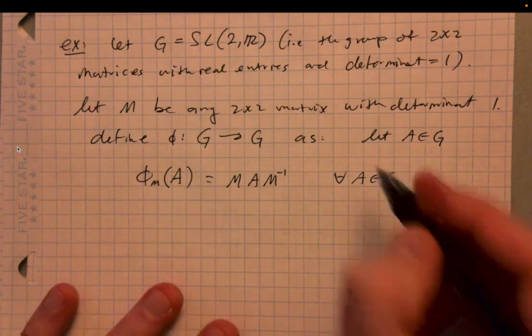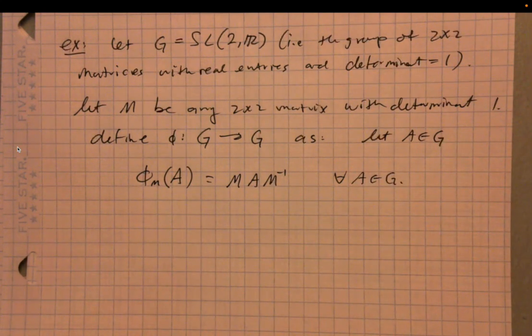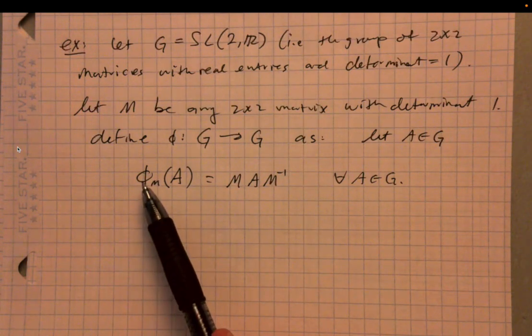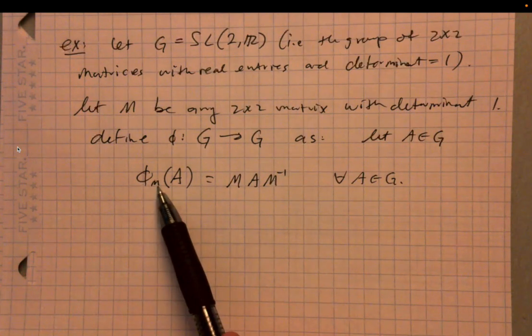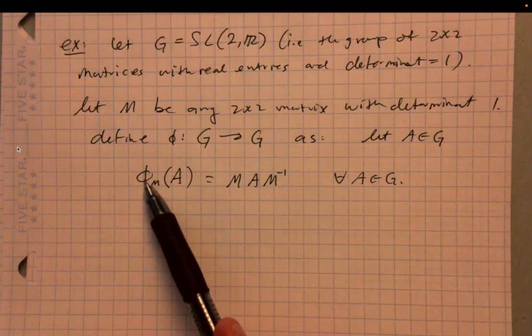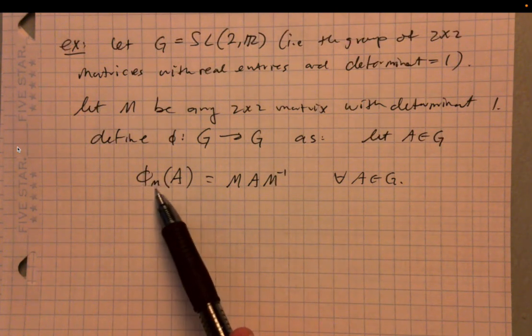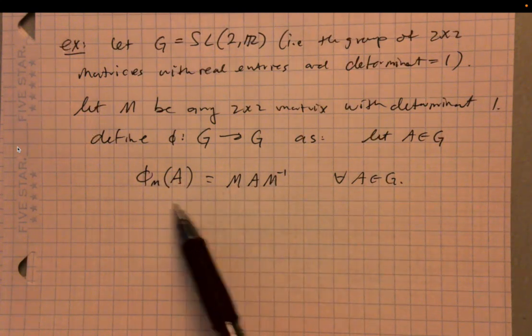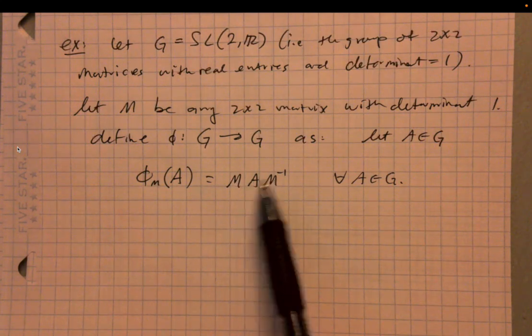Okay, I guess I kind of set that up here. The question is, you choose a 2 by 2 matrix M, and the requirement is that it have a determinant of 1. Then the mapping says, whatever M happens to be, it's a fixed M. For all A in G, the mapping takes M times A times M inverse.